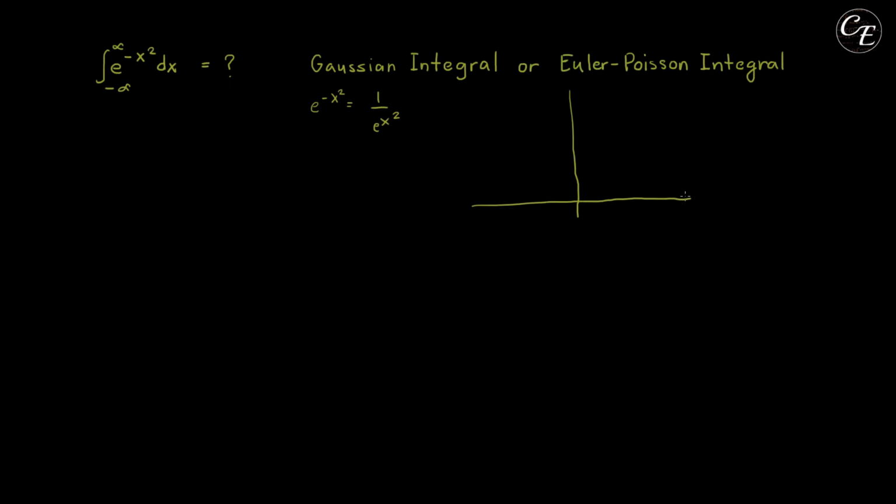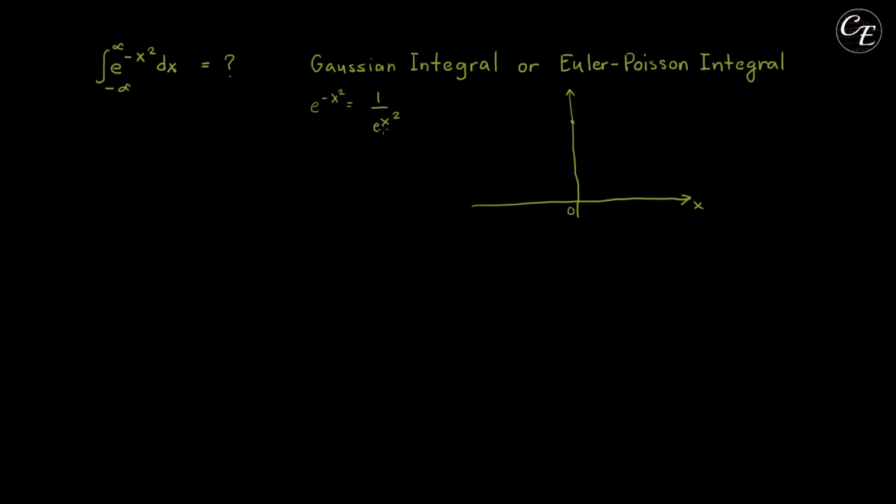The x-axis here is x, and the y-axis here is the value of this expression. When x is 0, the denominator of our expression will be 1 because e raised to 0 is 1. Since 1 over 1 is equal to 1, the value of our expression is 1 when x is 0.